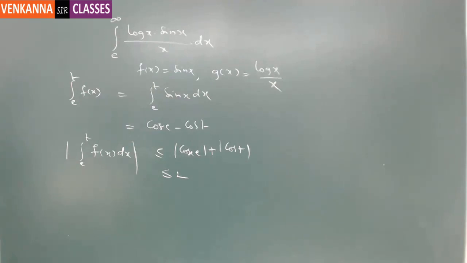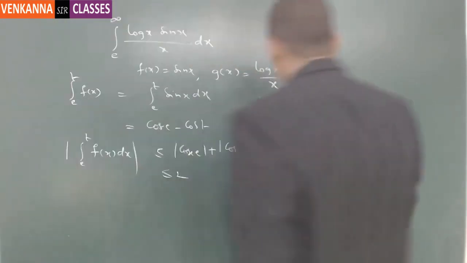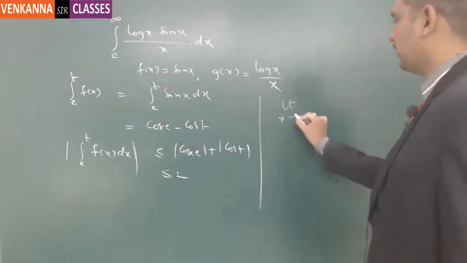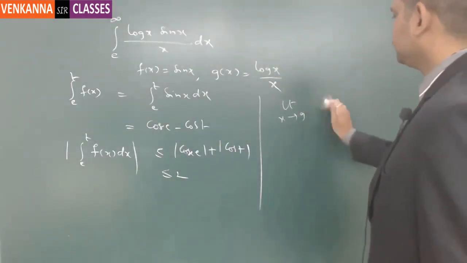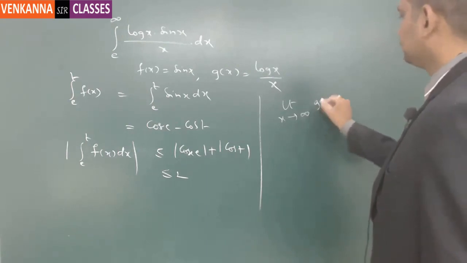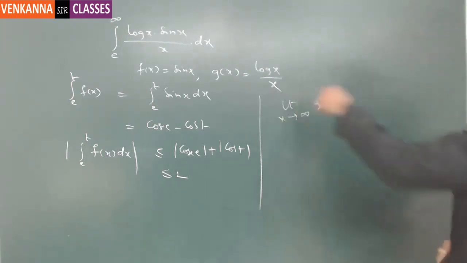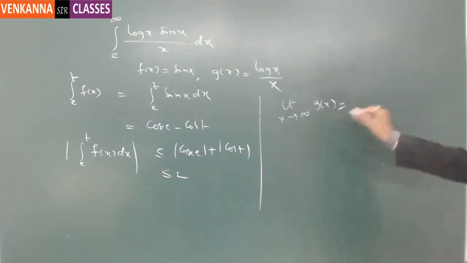How to show that? For g, we need to show 2 criteria: it is a monotone function and it tends to 0 as x tends to infinity. That we need to show. Two things are there. However, one part is clear. So if you consider the limit as x tends to infinity of g of x, you are applying the infinity limit to this part.